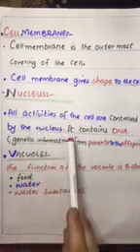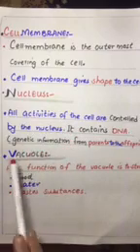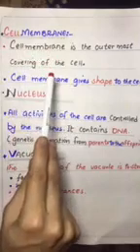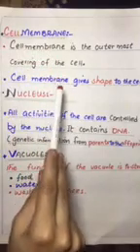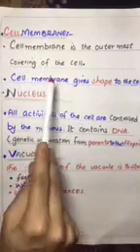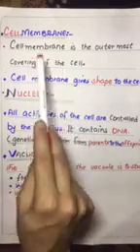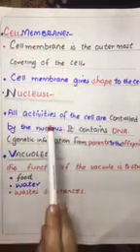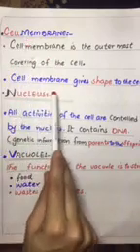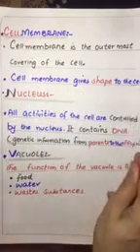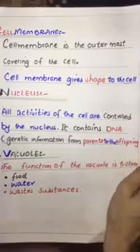So the cell membrane works like a gatekeeper, and it has many small net-like pores, so it allows those materials which can easily pass through the pores. The second most important function of the cell membrane is that it gives shape to the cell.